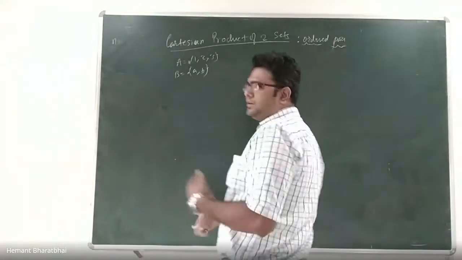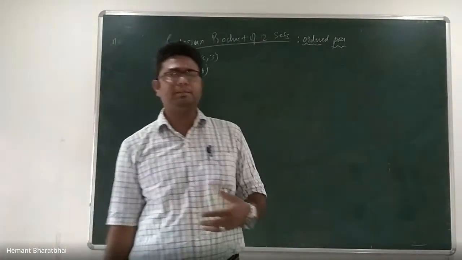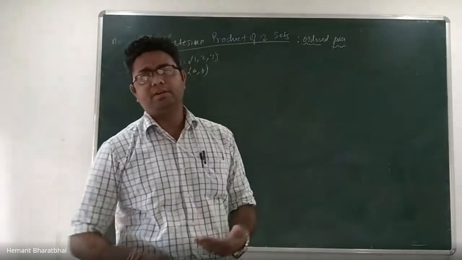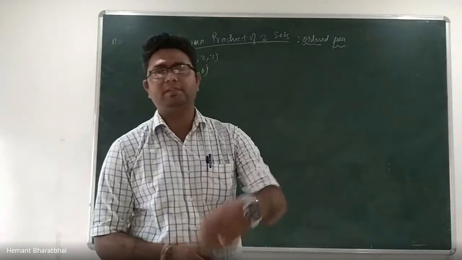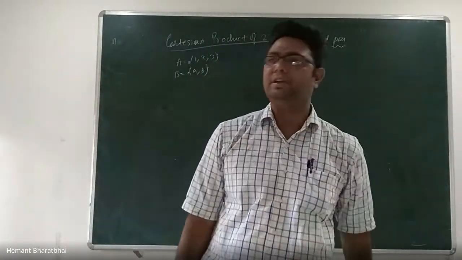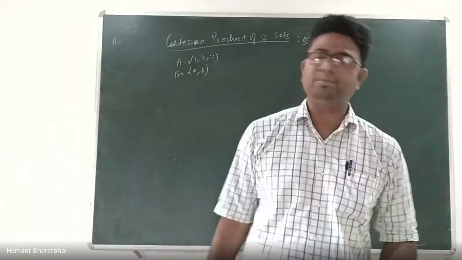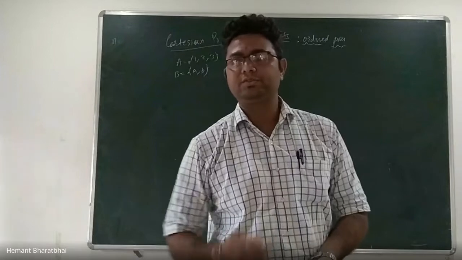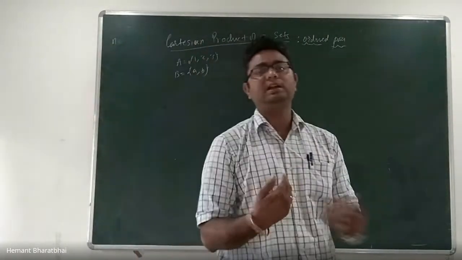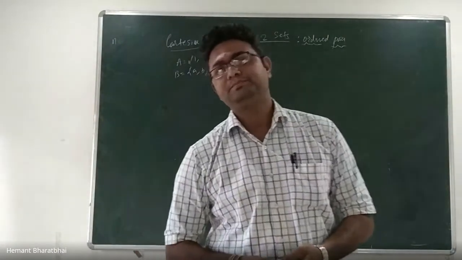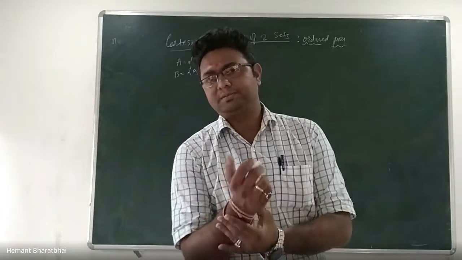Ordered means in order. After 1 there will be 2, after 2 that is 3, after 3 there is 4, after 4 there is 5. After 1 there is not 5, after 1 there should be 2 only. So this is the correct order of the numbers. So this is what I mean by order.